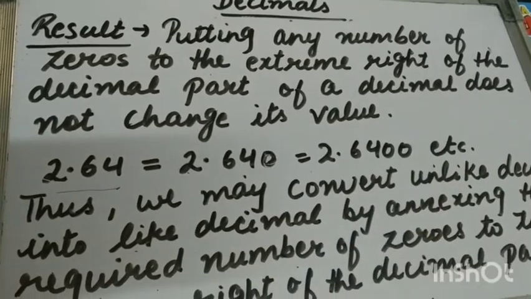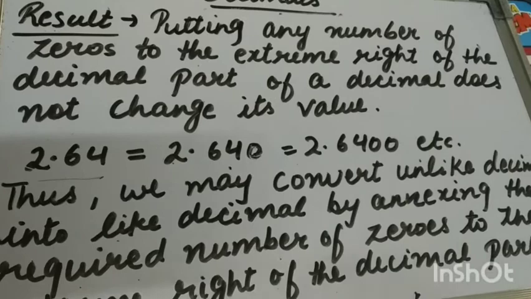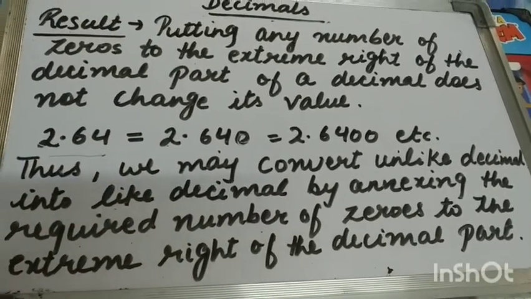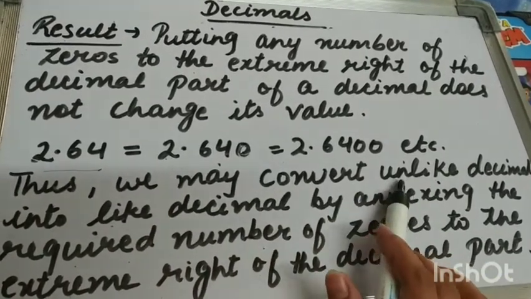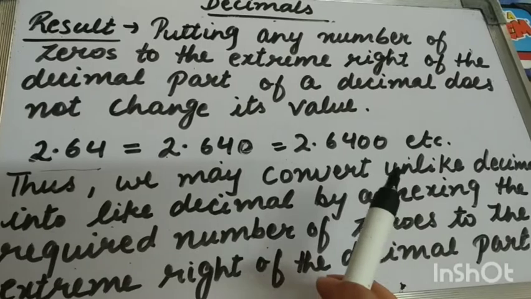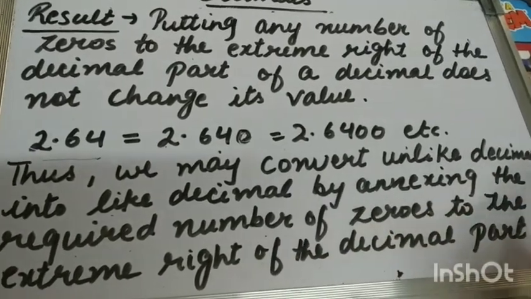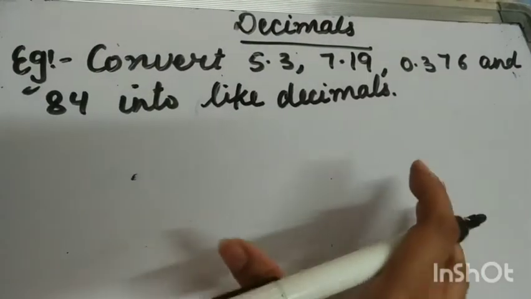So if we have to convert an unlike decimal into a like decimal, what we do is put the required number of zeros to the extreme right of the decimal part. See this example.